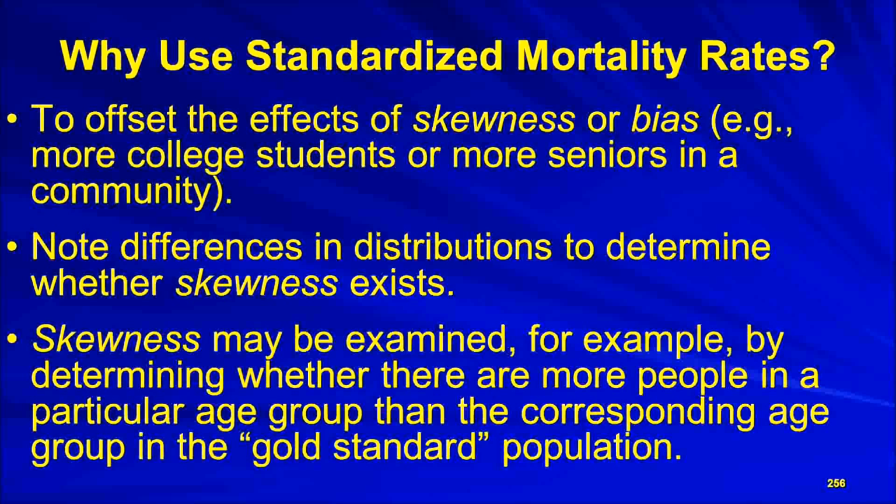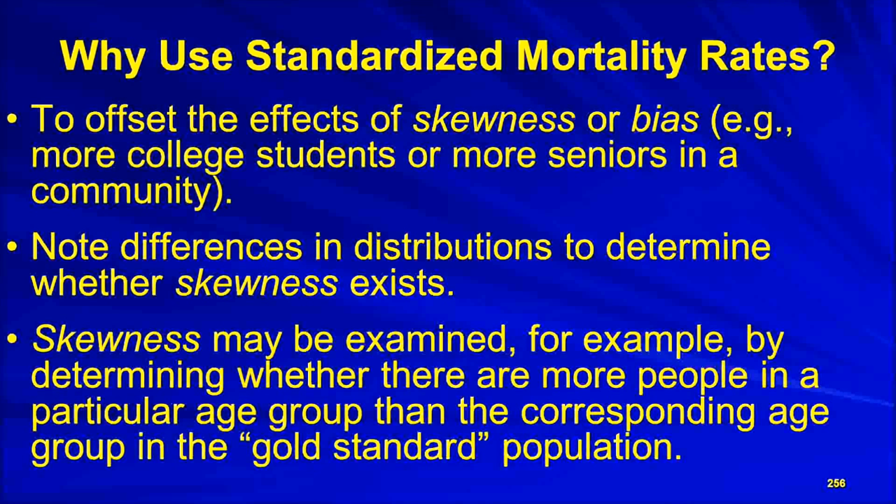So I want to go back and cover, when do I use a direct method? When I have age-specific death data for the subpopulation of interest that I'm going to study. If I'm going to study Honolulu, Hawaii and Honolulu County, or if I'm going to study a college population, I want to know whether that data is representative and compares to the U.S. population.